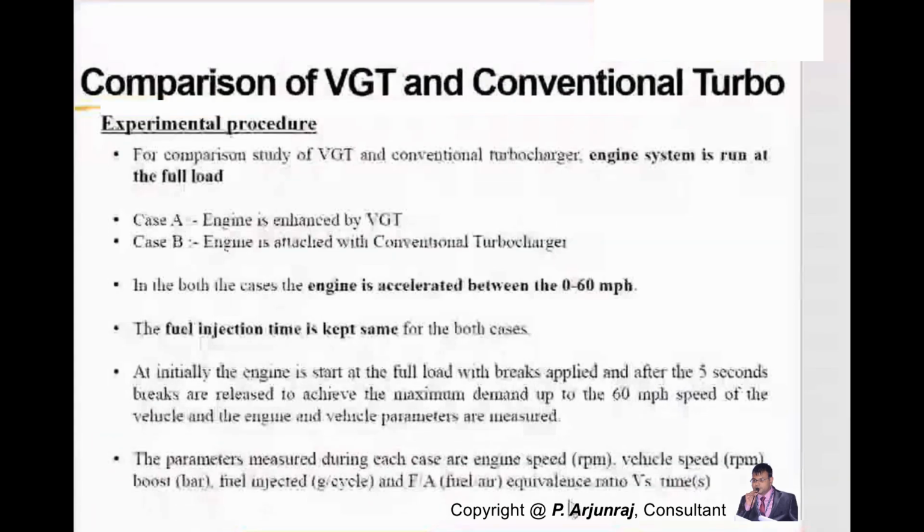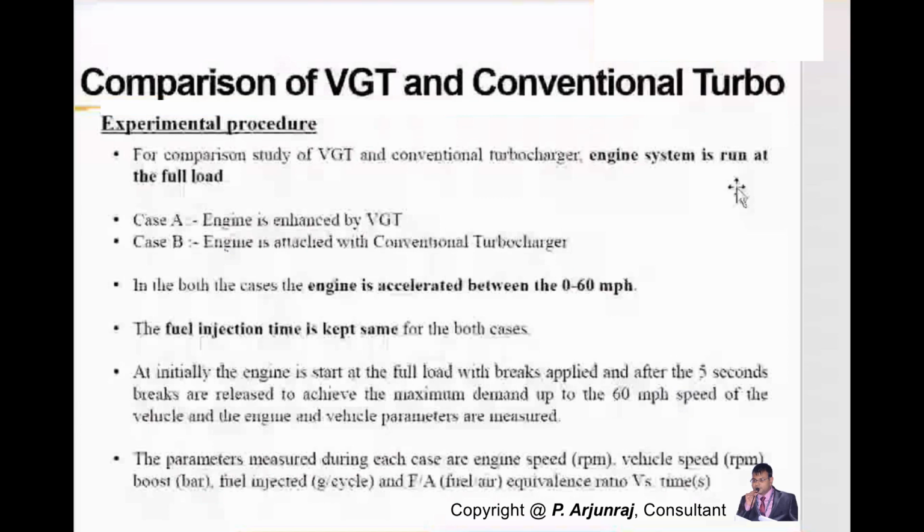They are going to compare the vehicle with VGT and with the conventional turbocharger. And they are going to test the engine. First the test is carried out with the VGT, and then with the conventional one. For both types, they consider that the engine will run at full load.